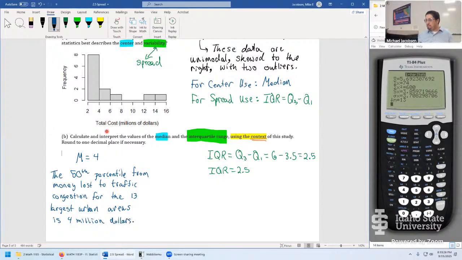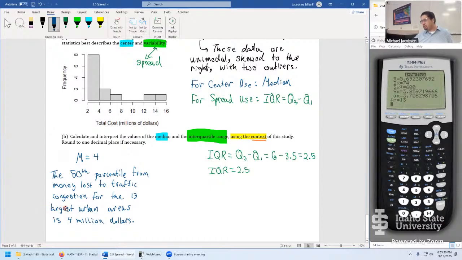It takes about as much time as writing $4 million as it does putting in the dollar sign and all those zeros. And this is not the entire context, right? I didn't say that this was 2017 data. I just left that up there in the context. So when I say using the context, I don't mean you have to scrape every single fact that you saw up there. Just try to get to the main parts. If you left a couple things off, that's okay.